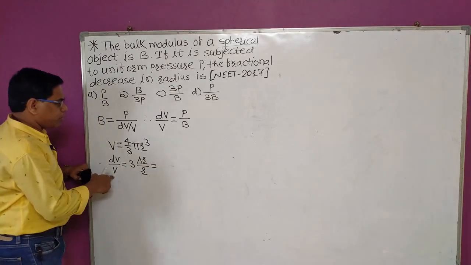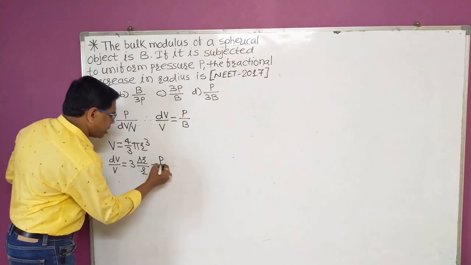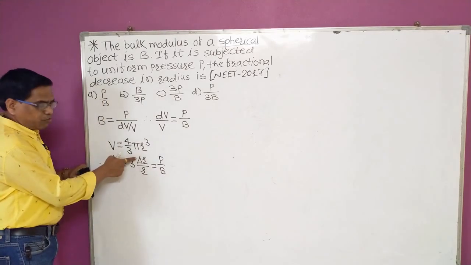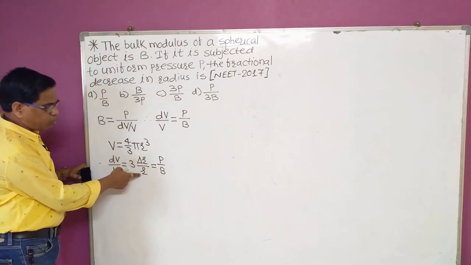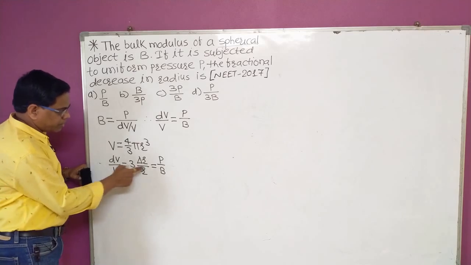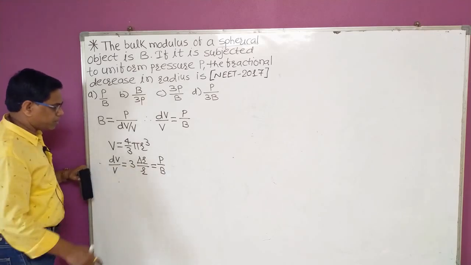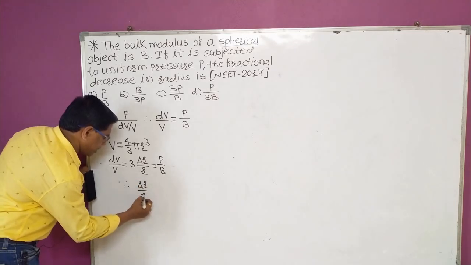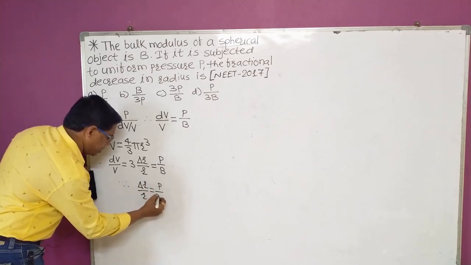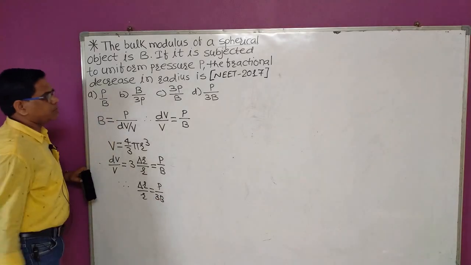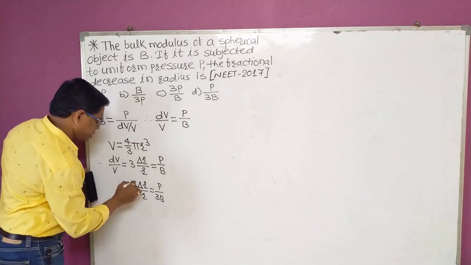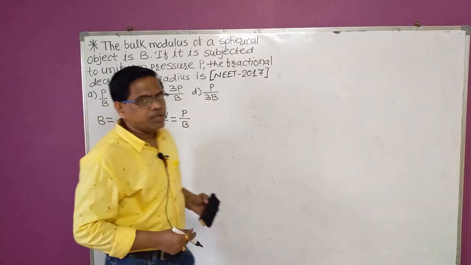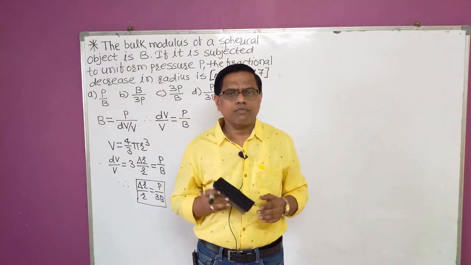But dV upon V is P by B, and we are required to calculate the fractional change in radius, meaning delta r upon r. So this 3 is multiplied here; when brought to this side it becomes divided. So we get delta r upon r is equal to P upon 3B, which is our option D. Hence for this MCQ also, the last option D is our answer.